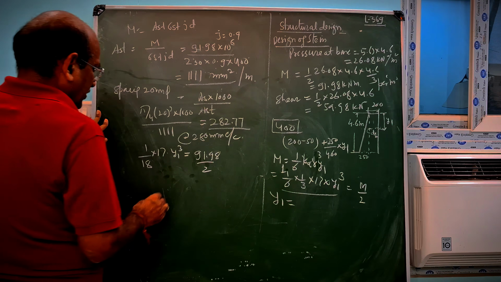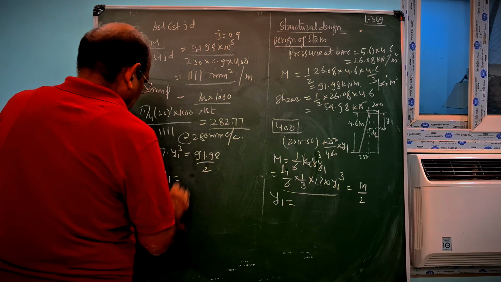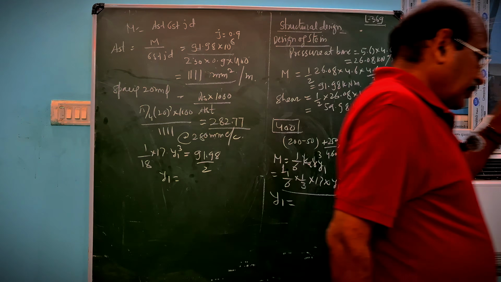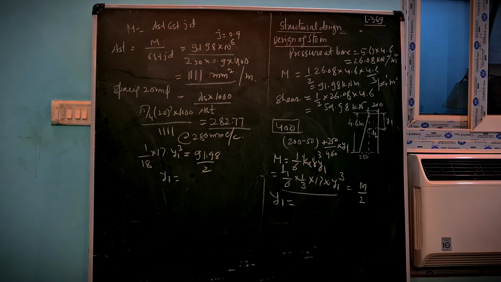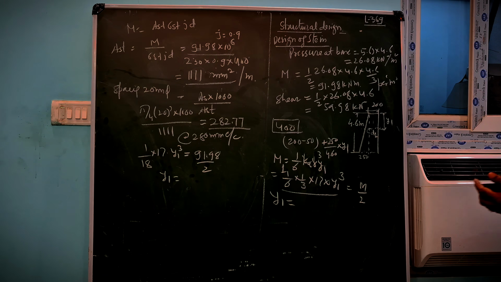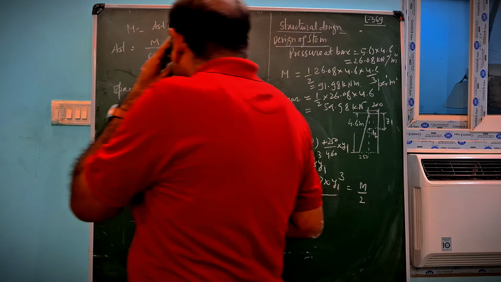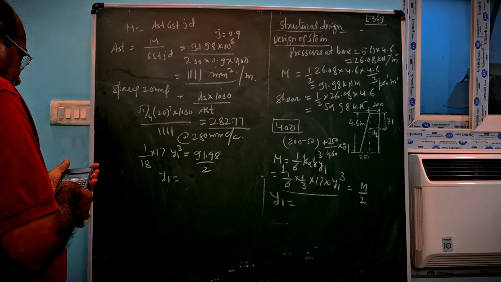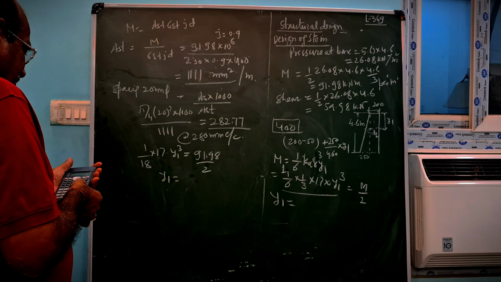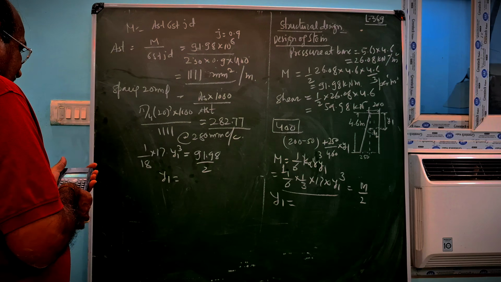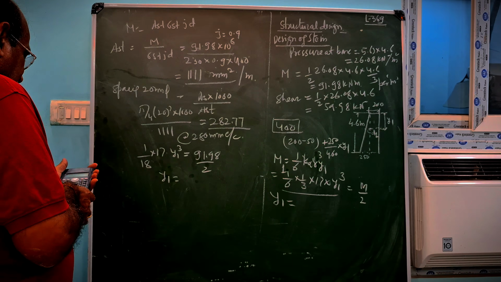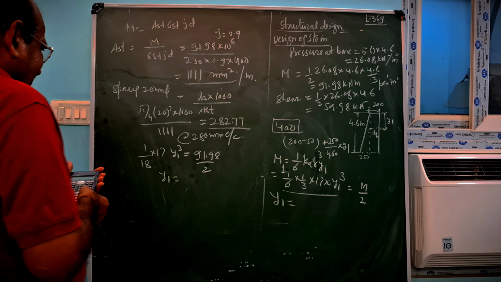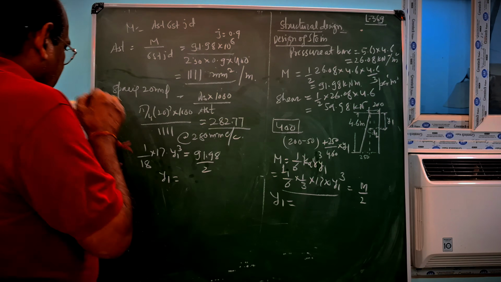So we can calculate the y1. Y1 cube equals 91.98 multiplied by 18 divided by 17.